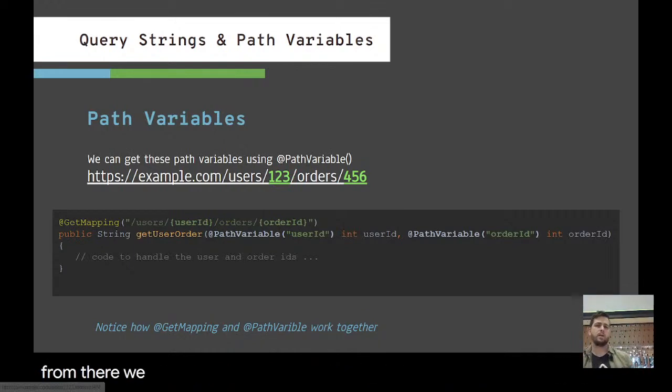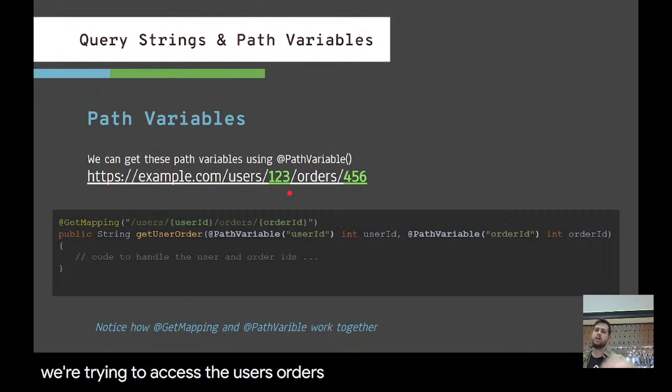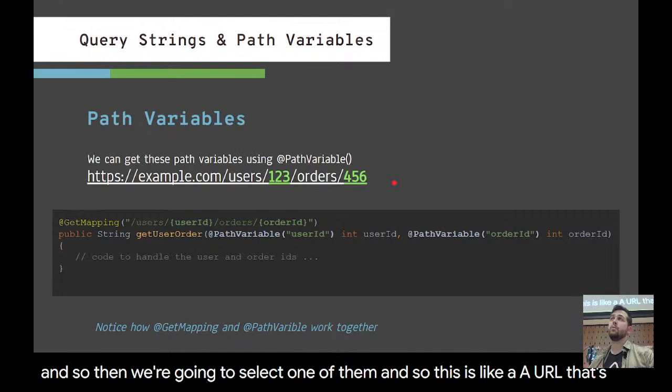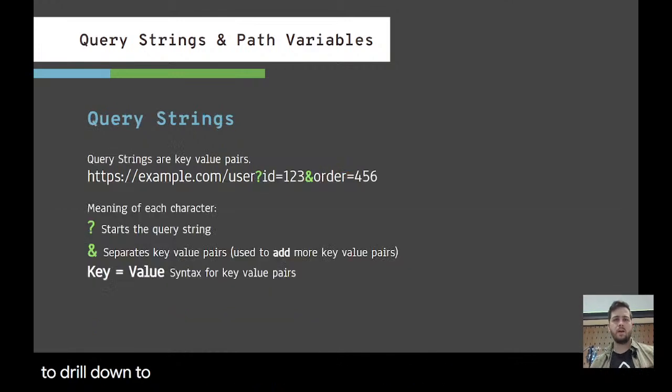From there, we can structure it so we can say user / orders. And so now we're trying to access the user's orders. But maybe they have multiple orders, and so then we're going to select one of them. And so this is a consistent, structured way to build a URL that's very good for something like a nested object that we were trying to drill down to.